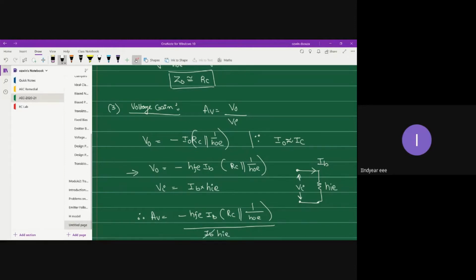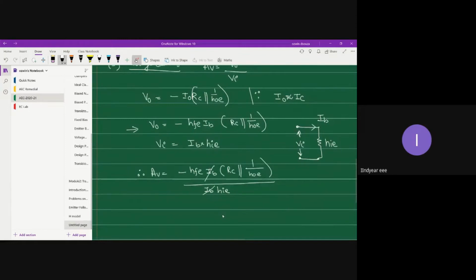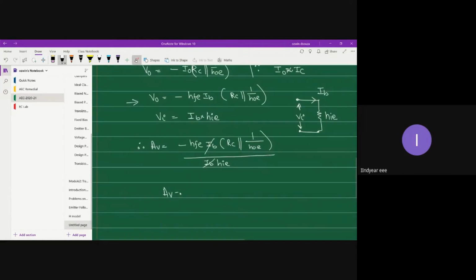So IB gets cancelled, and you're left with voltage gain AV as negative HFE into RC parallel with 1 over HOE divided by HIE. So that's my voltage gain expression.